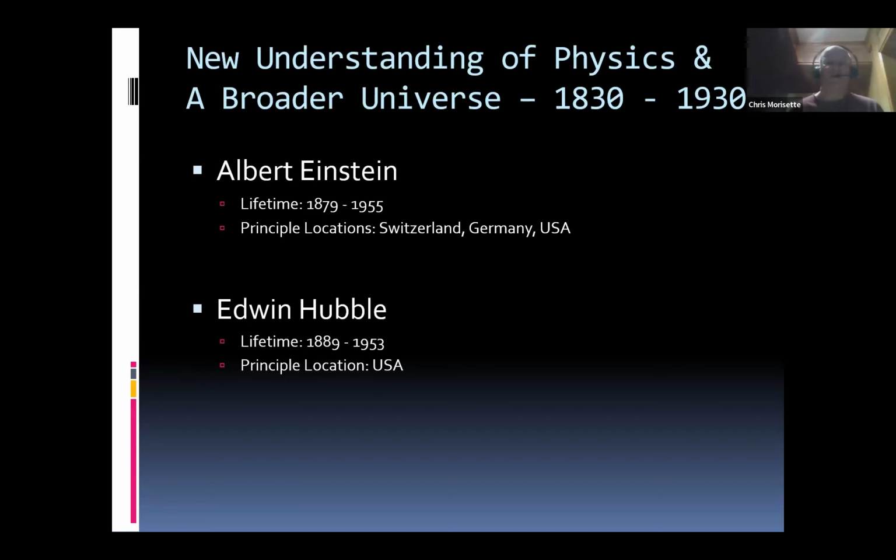Now let's talk about Albert Einstein and Edwin Hubble. These two individuals were located, well, Einstein started out in Europe, spent time in Switzerland, Germany, and then eventually came to the US. It was during his time in Switzerland that he developed his general theory of relativity. And then Edwin Hubble was a person that was at the same time period located here in the United States.